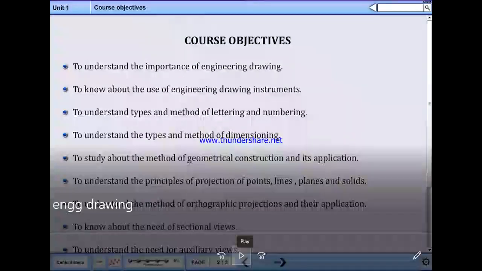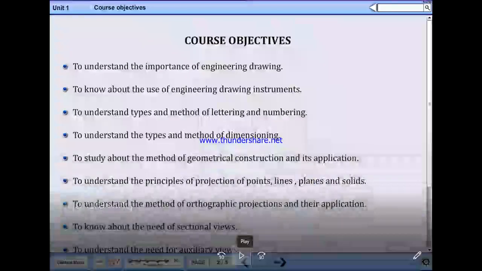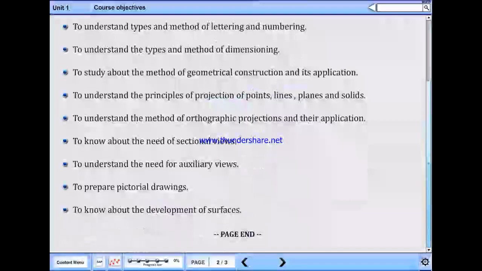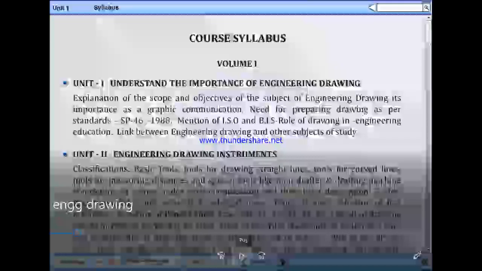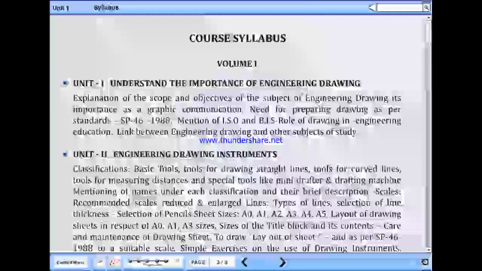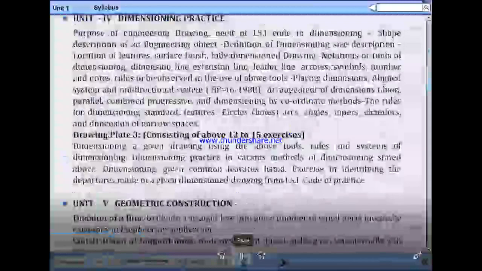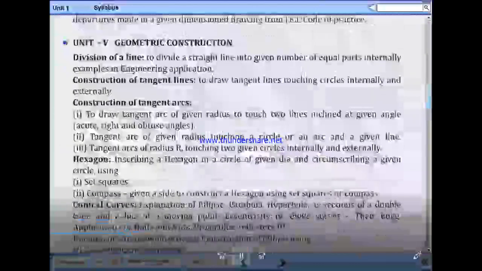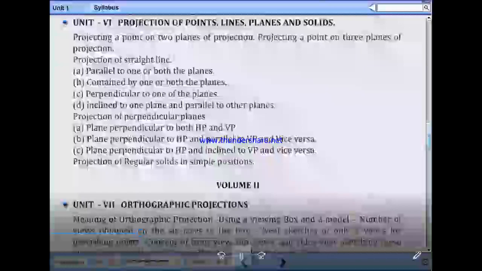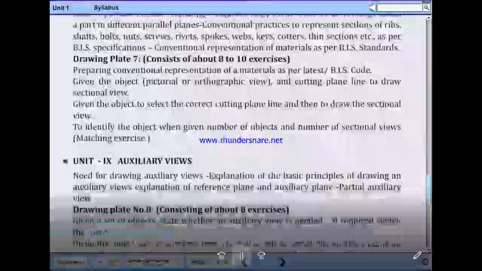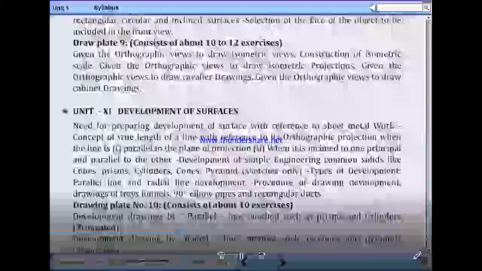So like this we are going to learn the objectives. I think this is the syllabus which we are going to learn after completion of the subject.